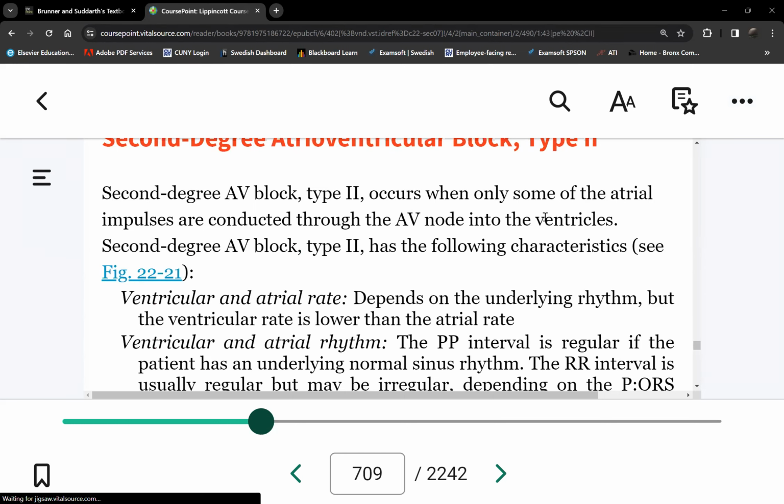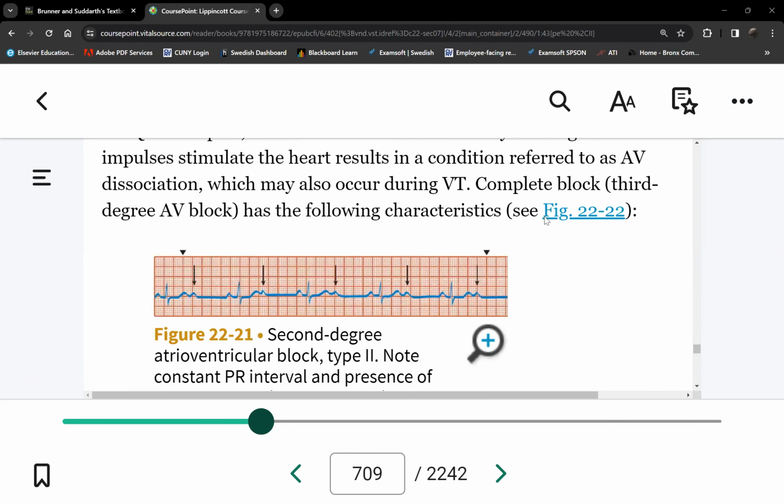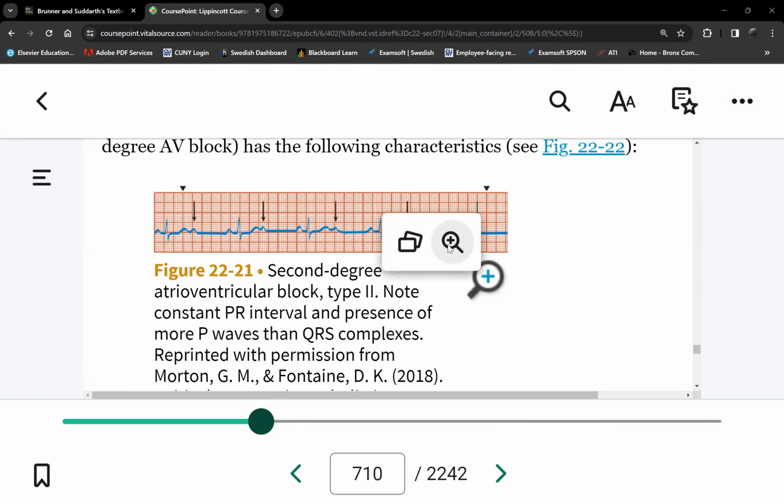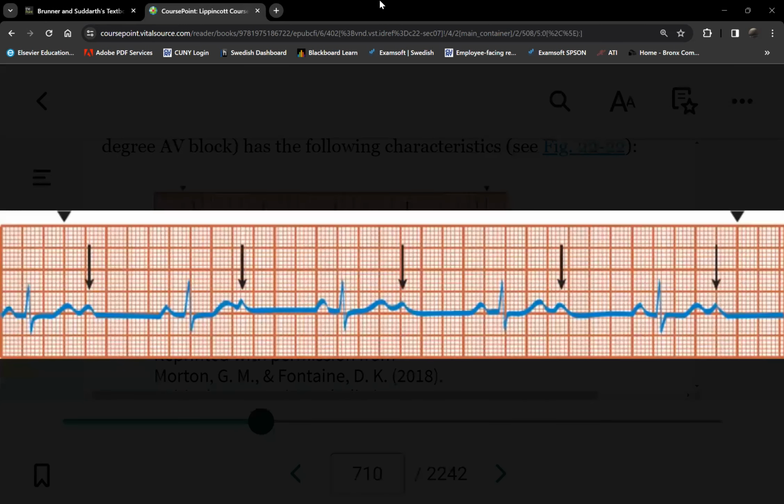Now, if you look at the second degree type 2 in this figure, unlike type 1, wherein what happened to the PR interval? It got longer, longer, and longer, and then got dropped, right? So here, is that the same pattern? No, it's not.